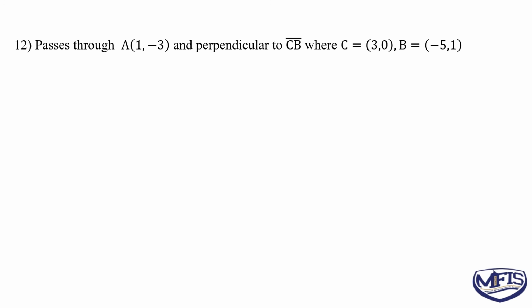Number 12, passes through the point A (1, -3), and perpendicular to CB, where C equals (3, 0) and B equals (-5, 1). So we have the A vector will be (1, -3), and m1, which represents the slope of the given straight line CB, by using the rule 1 minus 0 over negative 5 minus 3.